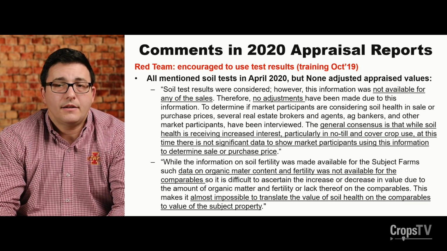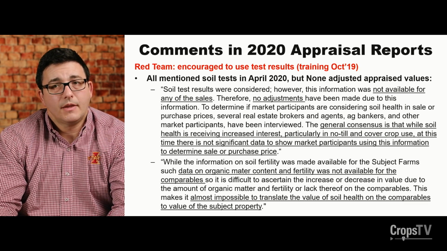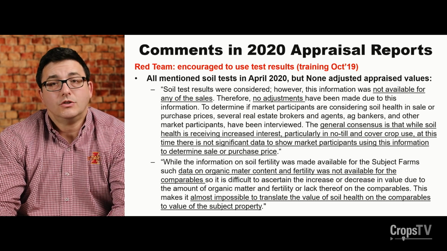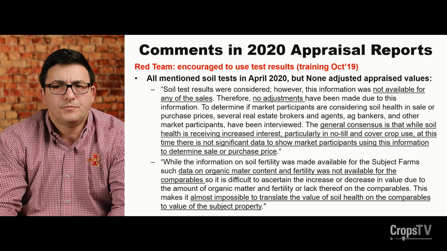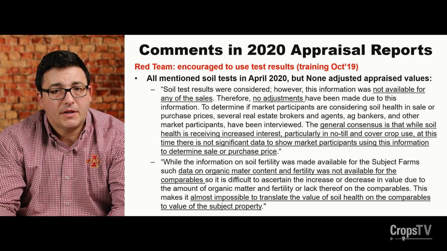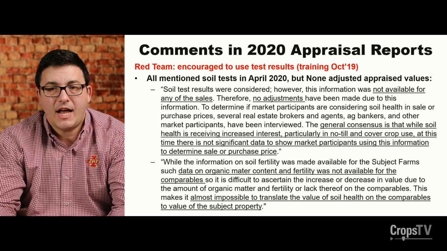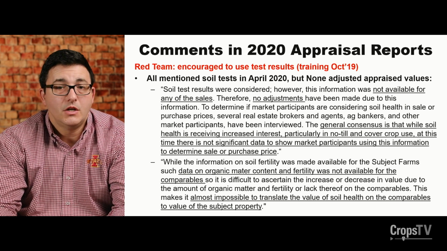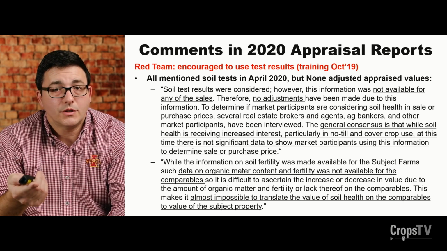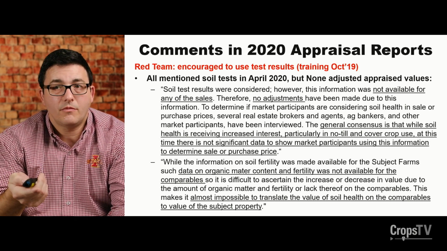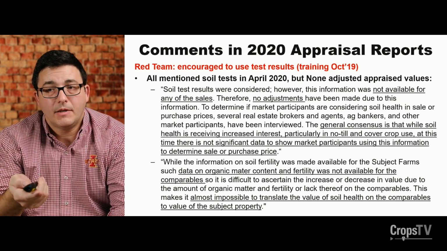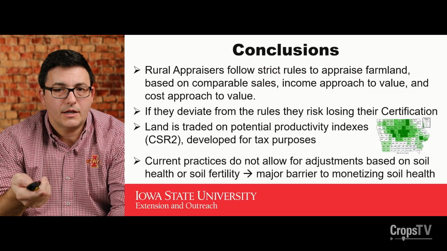So in the end, they did not use the information on soil health or soil fertility to adjust the appraised value. I'd like to highlight the last comment. It's almost impossible to translate the value of soil health on the comparables to value of the subject property. Those were direct comments from the appraisers in the appraisal report, which is a document, right? A legal document.